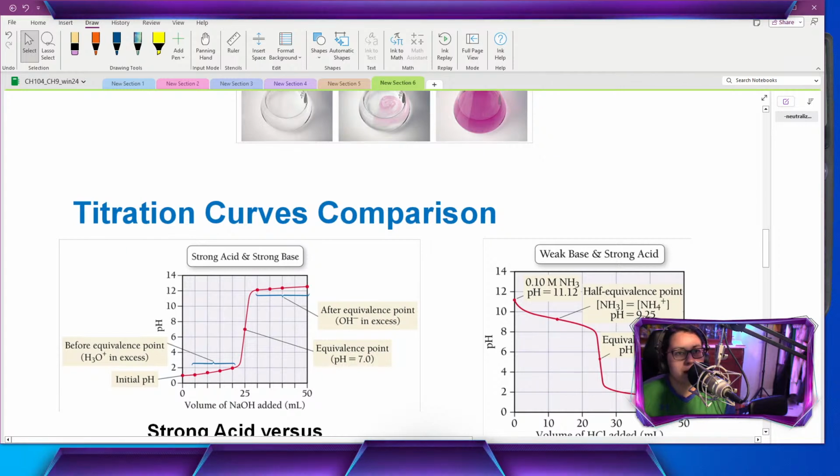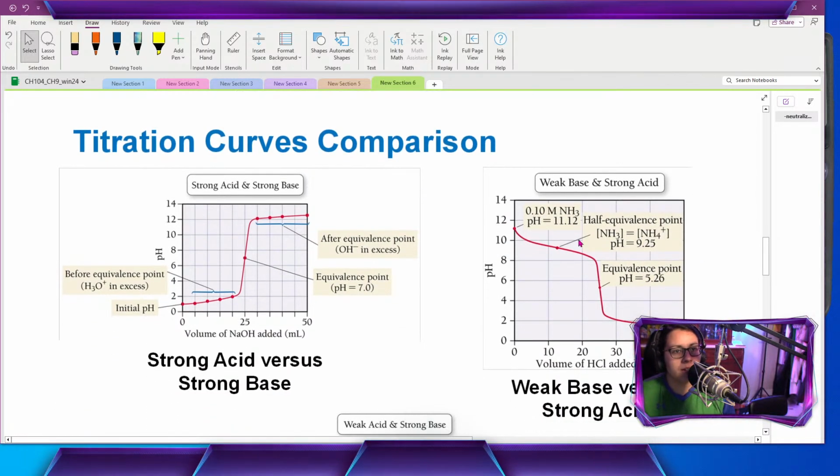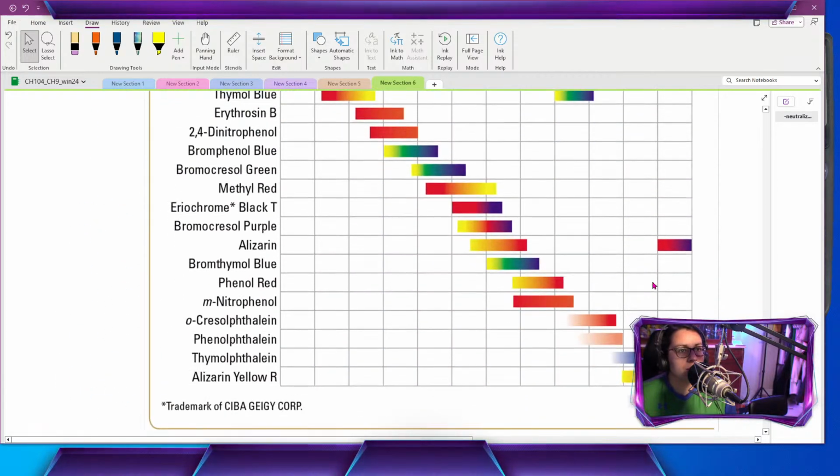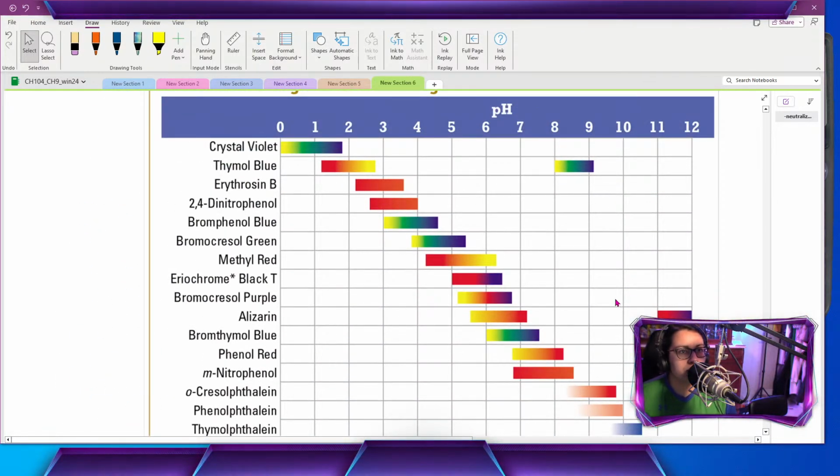And then you might have other fancy scenarios. So if you want to titrate, let's say a weak base and a strong acid, notice this kind of has a gentler curve. So you might want to use different indicators. And so that's why there's this whole chart and family of indicators. And so, for example, thymol blue is a good diverse one.